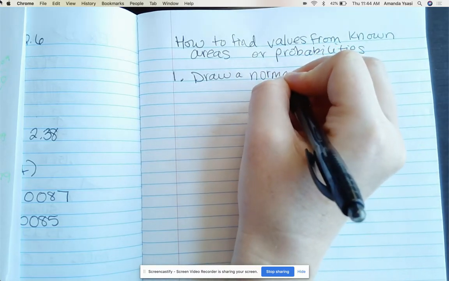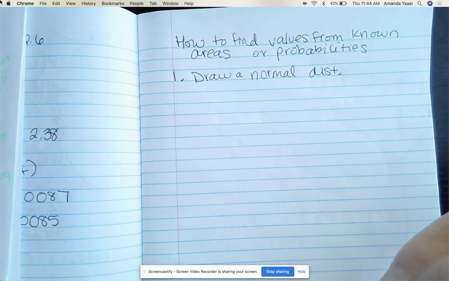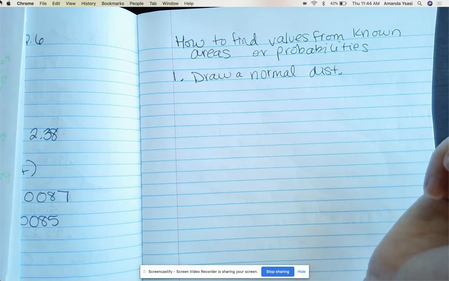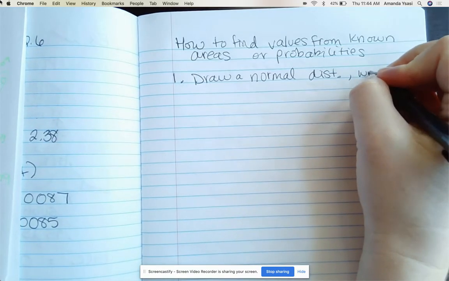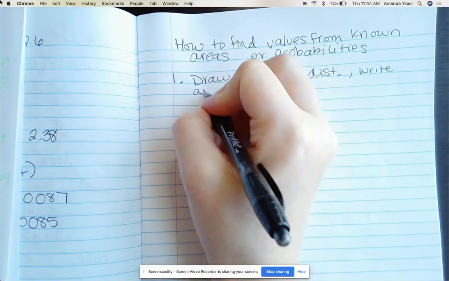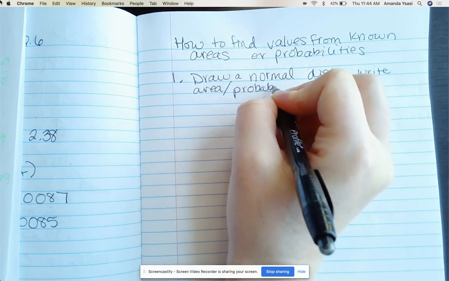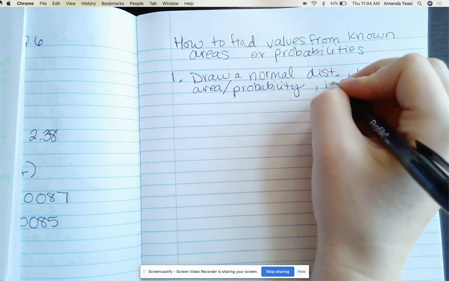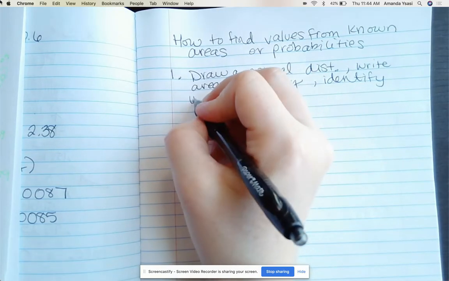Draw a normal distribution. Enter the probability or percentage of area. Write area slash probability, remember, because probability relates to area. And then identify what X value you're looking for.